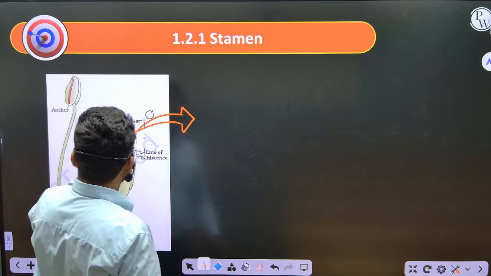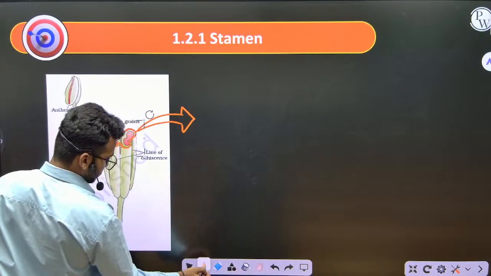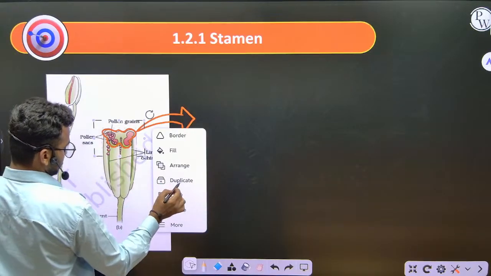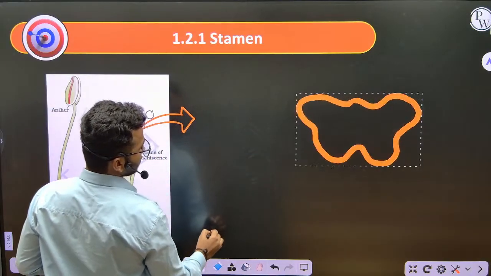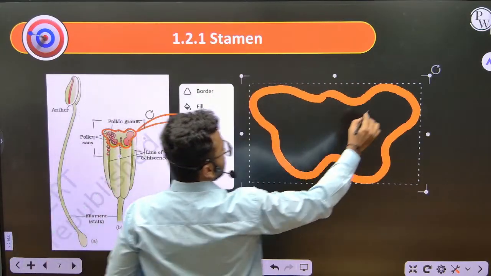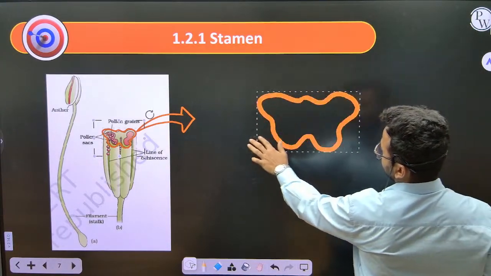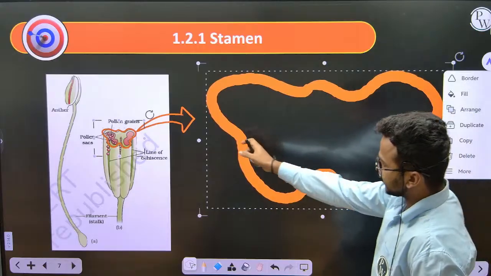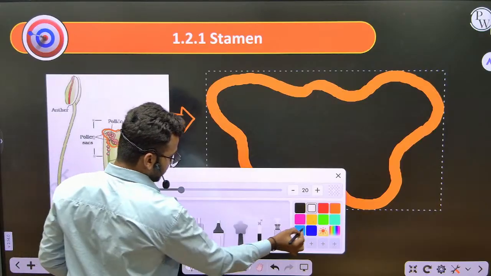Okay, you can see here. This is the structure. When you enlarge that one, the same here, the transverse section of microsporangium I am drawing here.